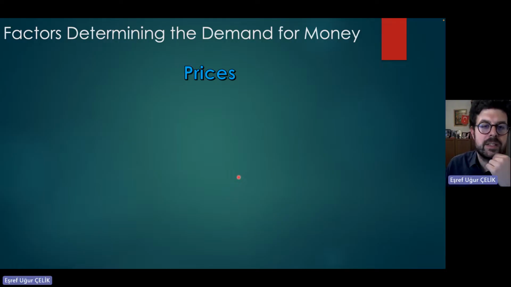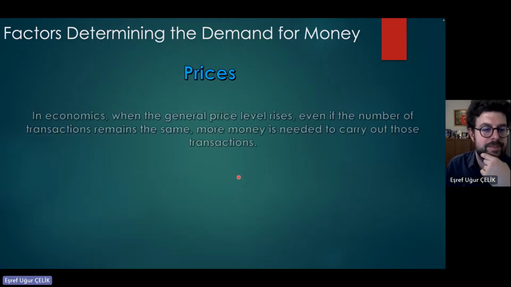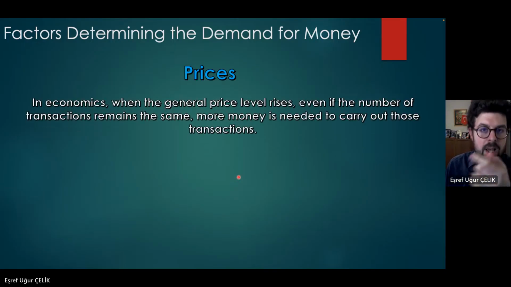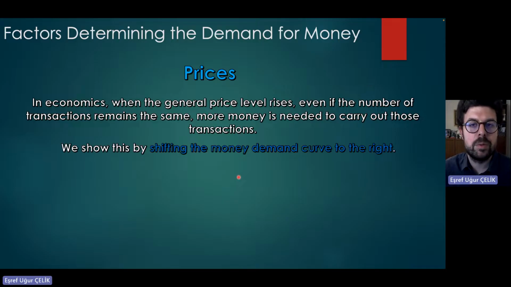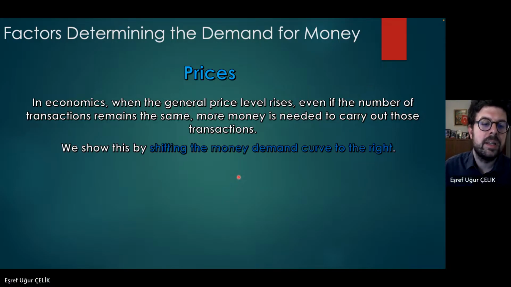The second factor for shifting is prices, or general prices. If the general price becomes higher, we need to hold more money for buying goods and services. That's why when the general price is higher, the money demand becomes higher. That's why the money demand shifts to the right.